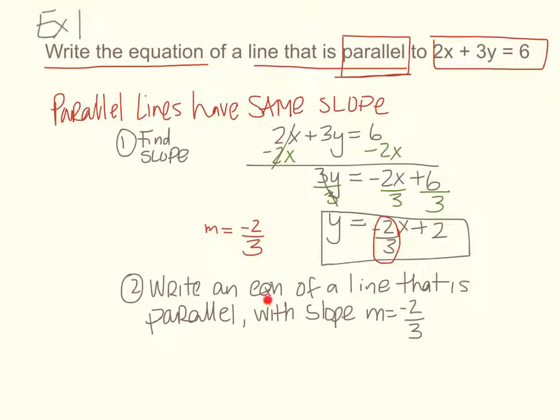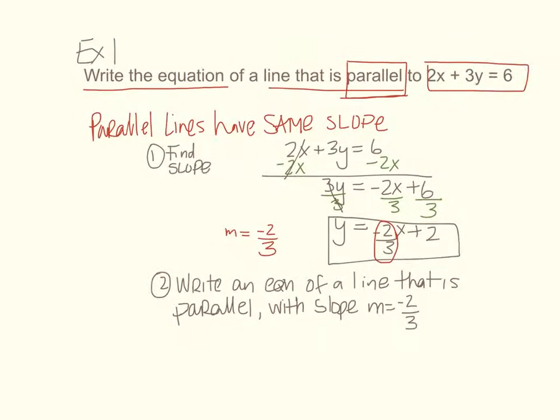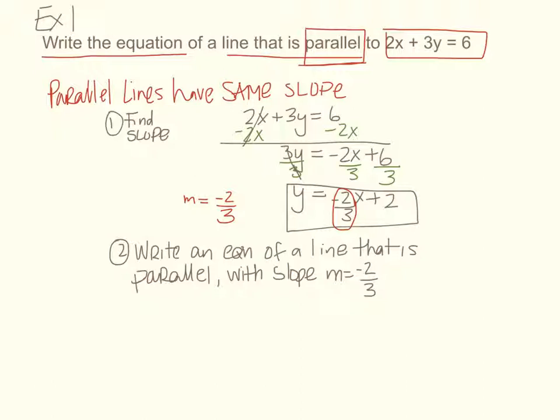So I'm going to write an equation of a line that's parallel with a slope of negative 2 over 3. So what's that going to look like? Well, I'll have y equals negative 2 over 3x plus, what number should I put there? Does it matter? How about 3?